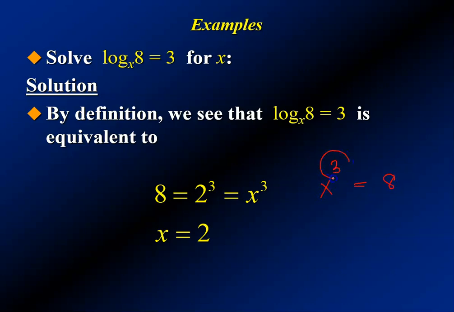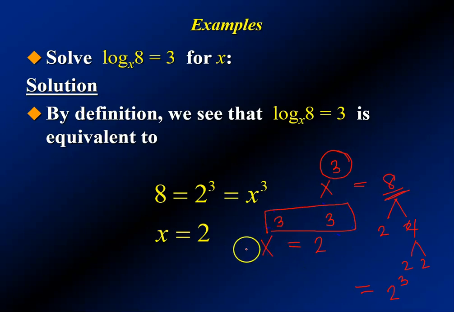So we try to find the factor of 8 that has an exponent of 3, so that we can get the base. 8 is factored as 2 times 2 times 2, so 8 is equal to 2 cubed, and then we get the same exponent. So we have x cubed equals 2 cubed, so the value of x is 2.